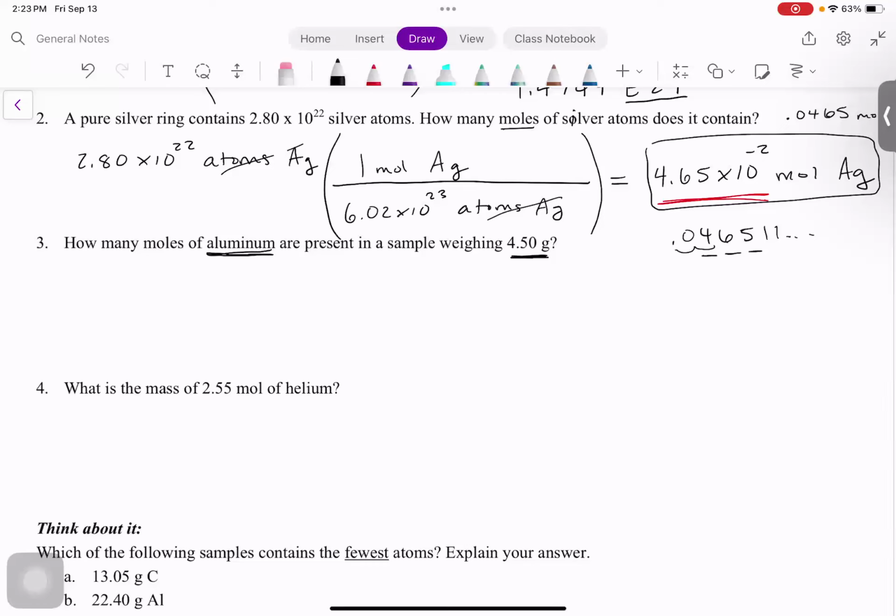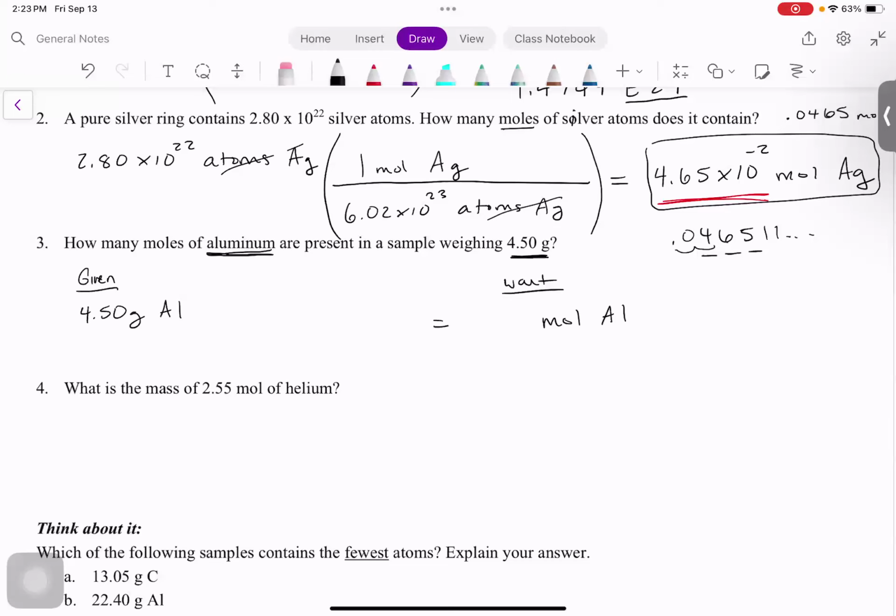So in this case, because we're going to be converting between grams and moles, our given is a mass, 4.50 grams of aluminum, and we want to convert this into moles of aluminum.